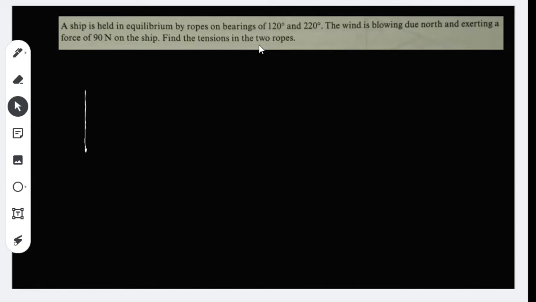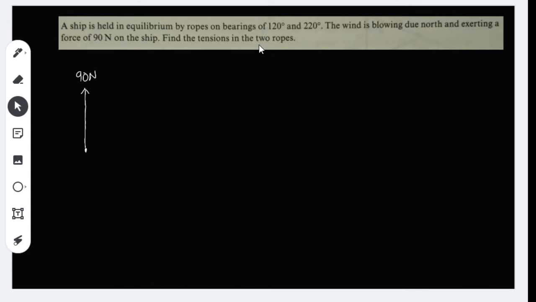It says here the wind is blowing due north and exerting a force of 19 Newton. So we already have an idea that one of the forces is due north and it has 90 Newton. That's a good thing. So this will be 90 Newton.